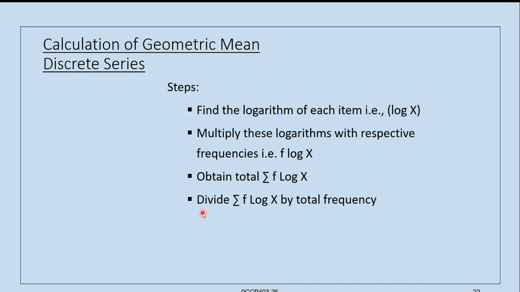And divide the sum by the total number of frequencies, that is sigma f, n. Then you find the anti-logarithm. We will see an example. If you understand individual observations, it is very easy to understand discrete series and continuous series also.